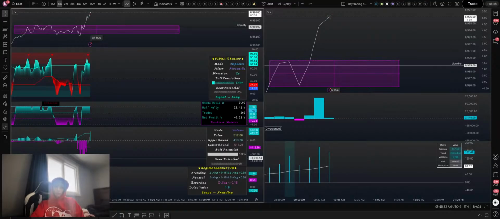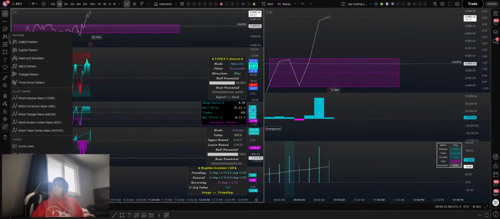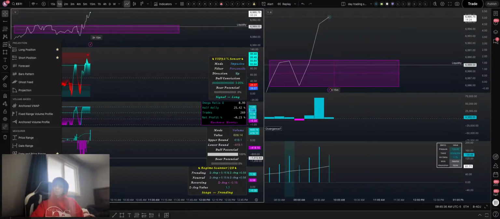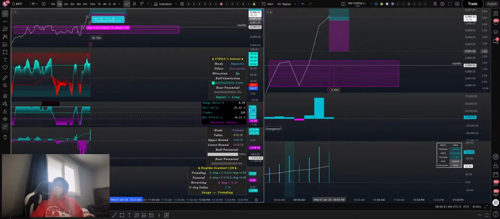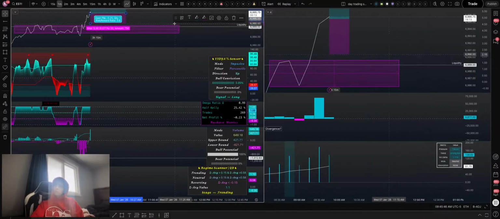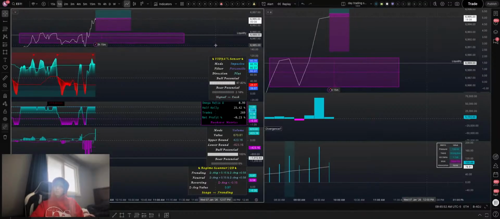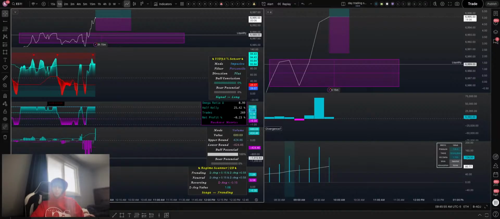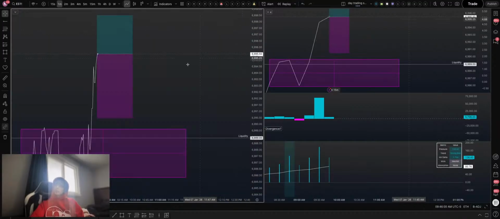But that's the trade we're in right now. If we move 5 points up, I want to move that to break even.